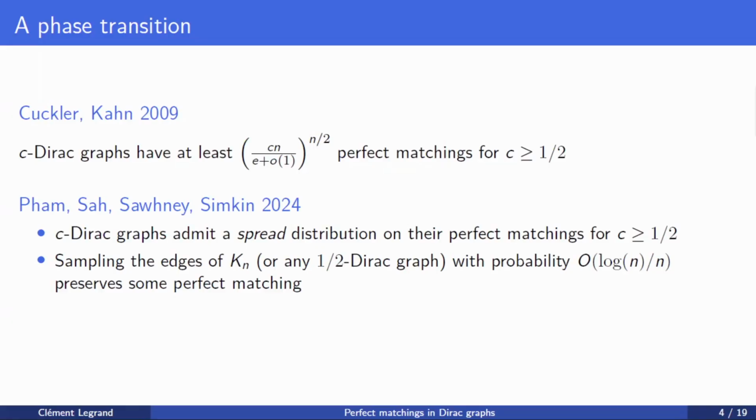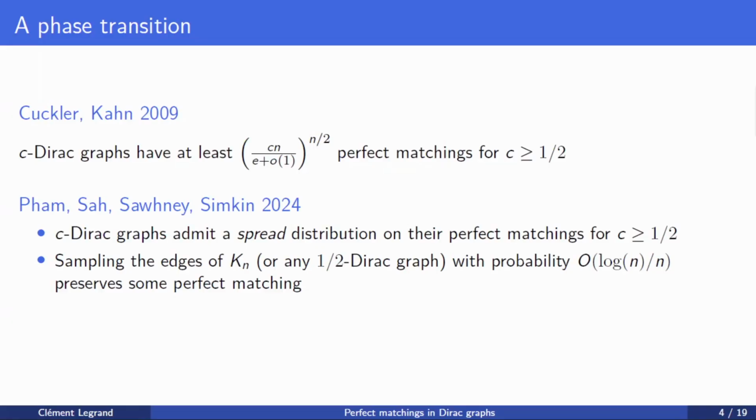Before I talk about c-Dirac graphs, let me talk about a clique. If you take a clique and you sample the edges with probability log n over n, you will still contain a perfect matching. This is basically the same as saying that G(n, O(log n / n)) contains a perfect matching with high probability.